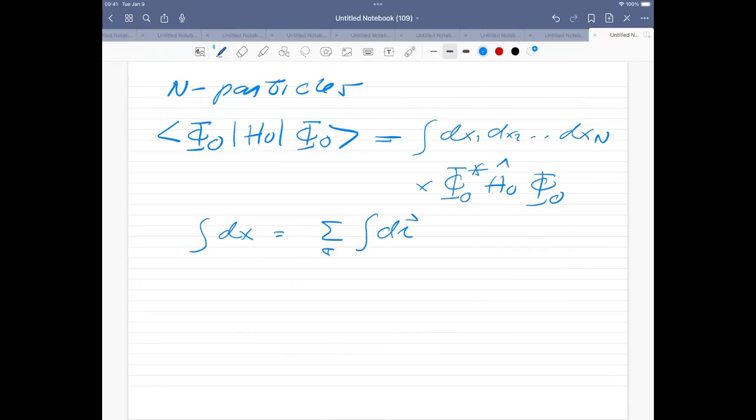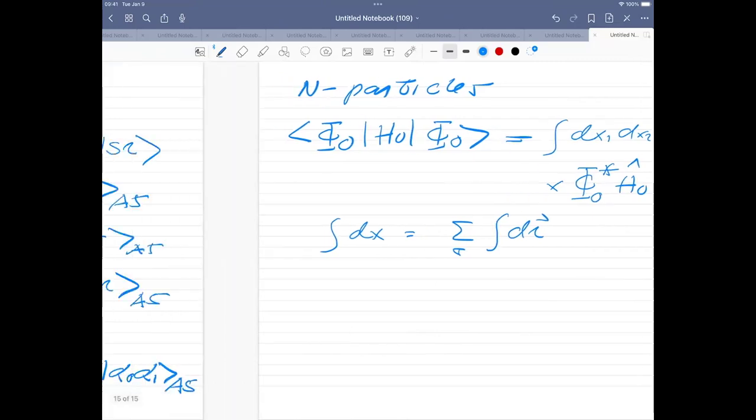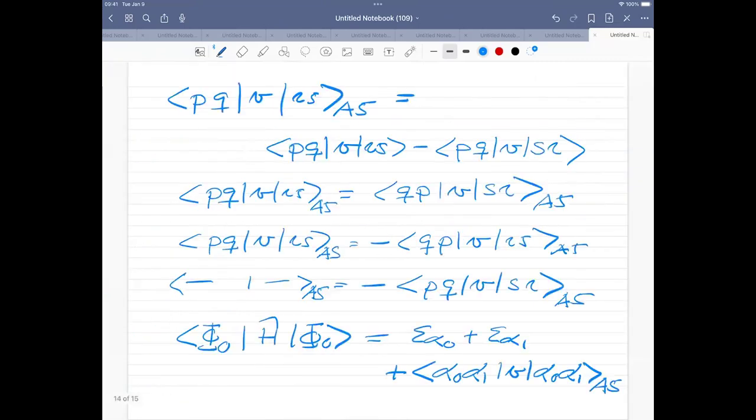Now, to bring back the spin degrees of freedom means that one has to be a little bit careful when one calculates this matrix element here. And the reason for that, so let me just explain that. So this state could be a spin up, and this could be a spin down. This is a spin up, and this is a spin down. Now, this is particle 1, and this is particle 1.